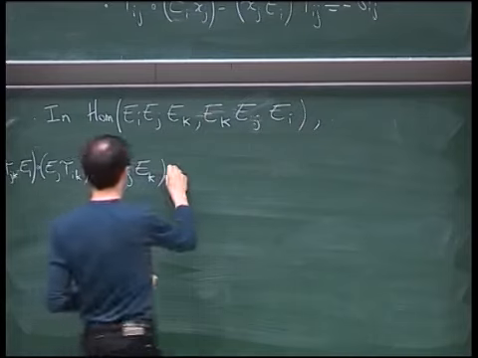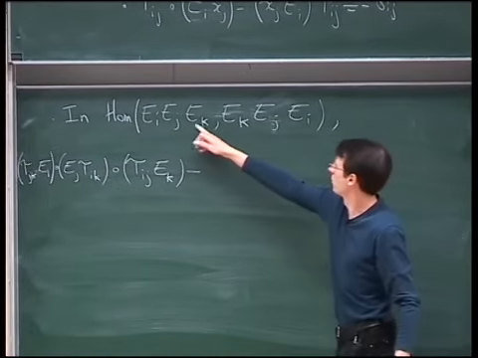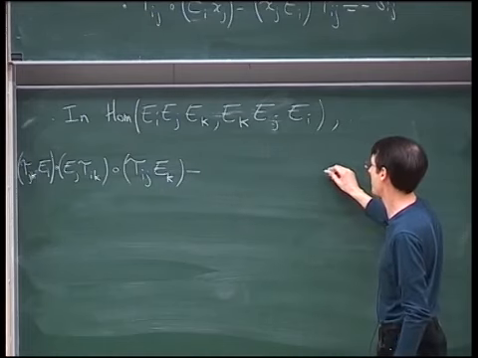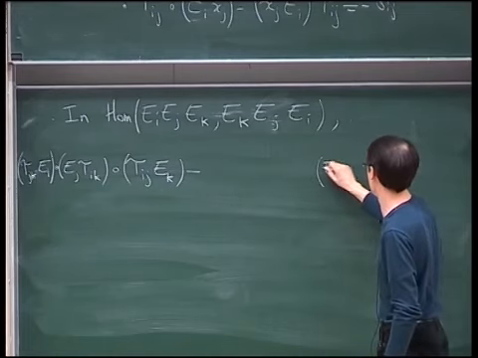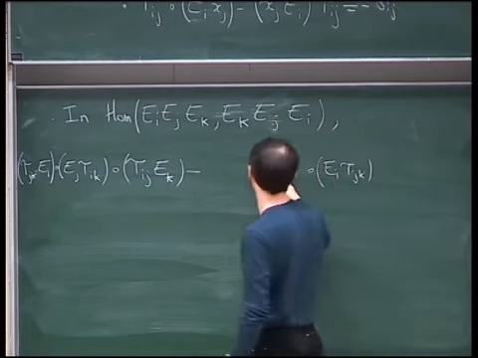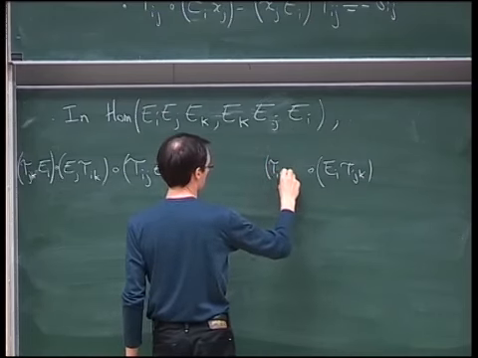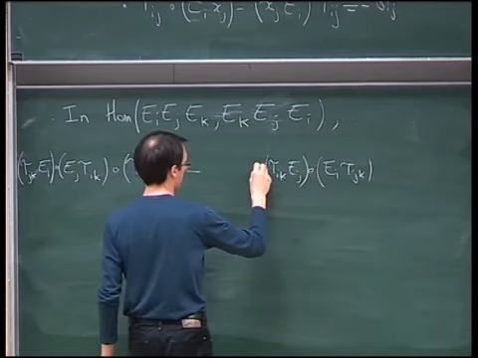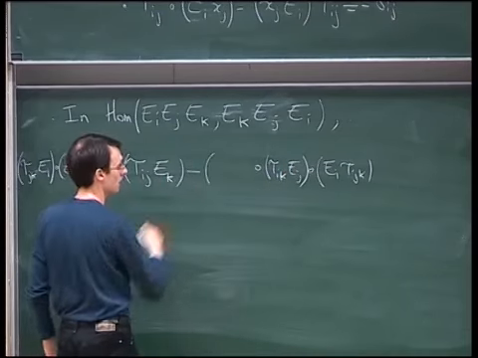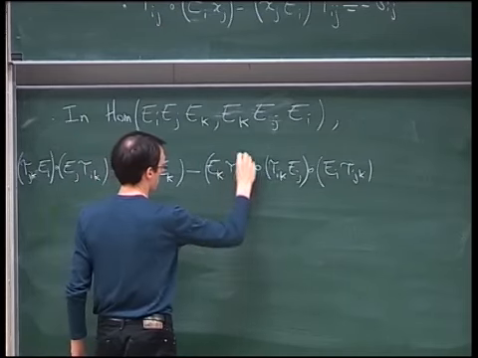Now if you go from here to here the other way, what do you do? e_i tau_jk, tau_ik e_j, and e_k tau_ij.